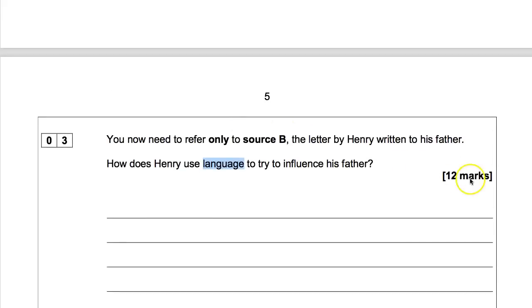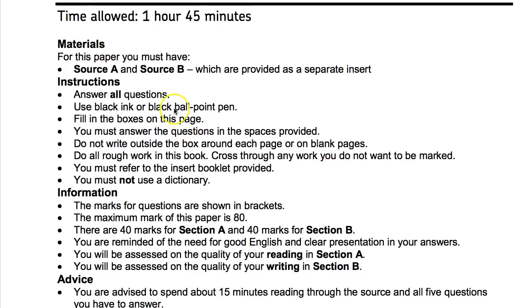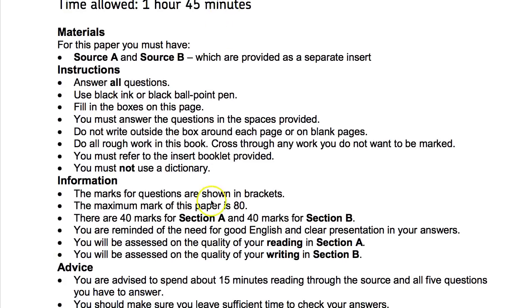And you also have 12 minutes in which to write. Well, how long should you spend writing? The total time for the exam is 1 hour and 45 minutes. And the examiners give you some very stupid advice. They say, spend 15 minutes reading. Now, the reason that's stupid advice is that you won't earn a single mark while you're reading.